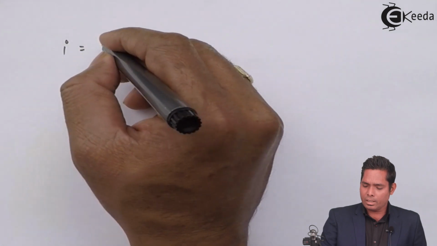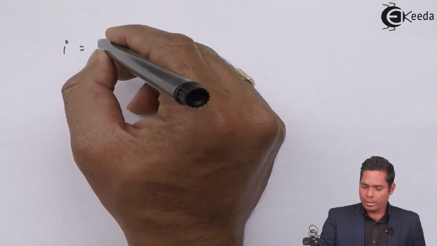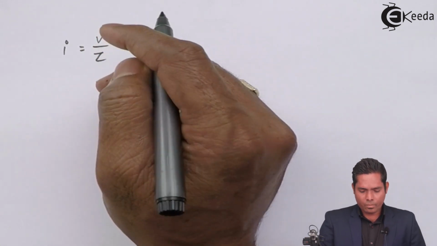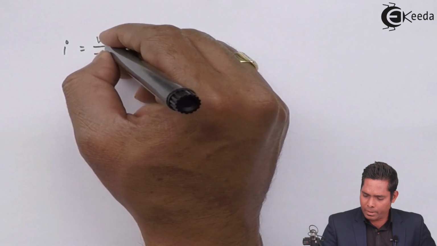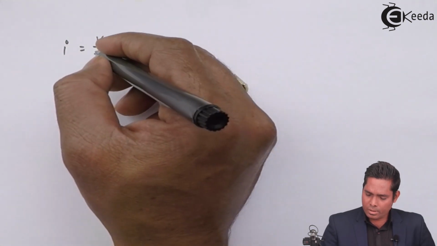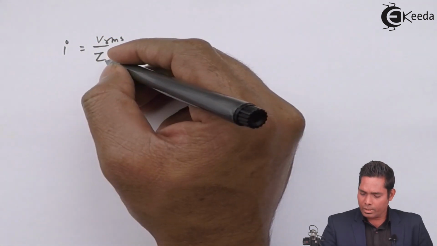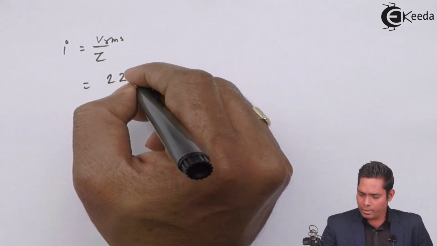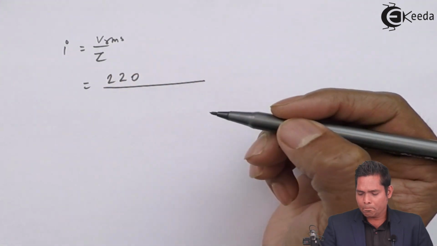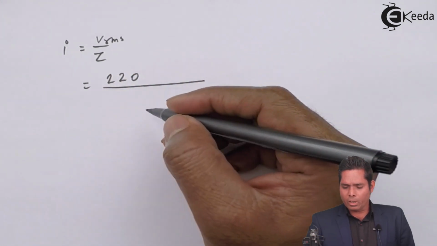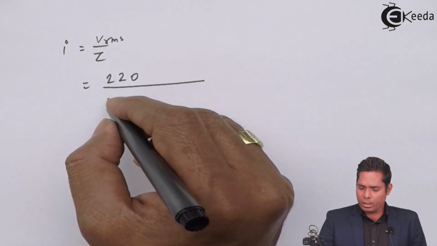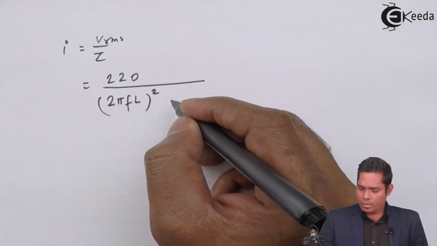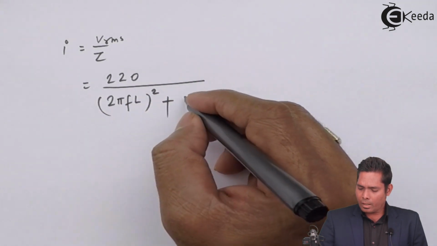So Irms is Vrms upon Z. This is 220 you are supplying, divided by the Z value, which is the root of (2 pi F L) square plus R square.